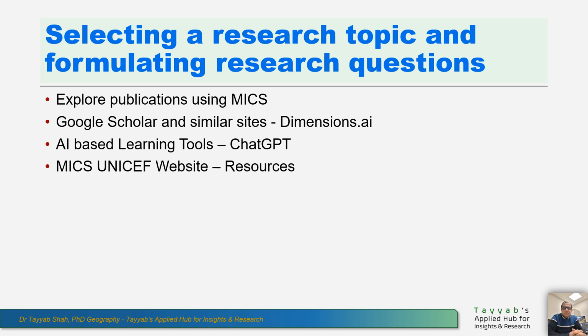And see the time-wise, like 10 years ago and latest, like some publications are based on the Millennium Development Goals data, and some are based on SDGs. So how MICS is supporting those different goals, and people are publishing papers on topics, and over time what things are improving and not.